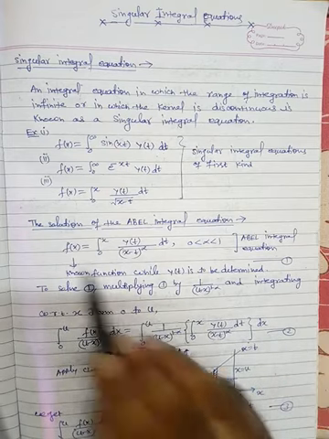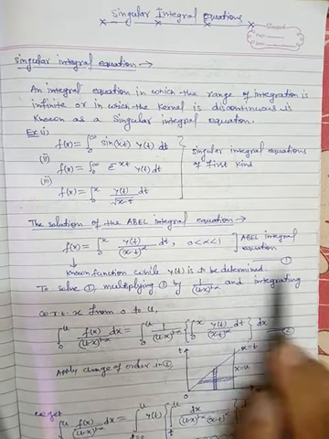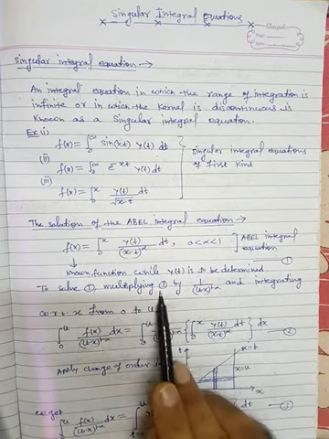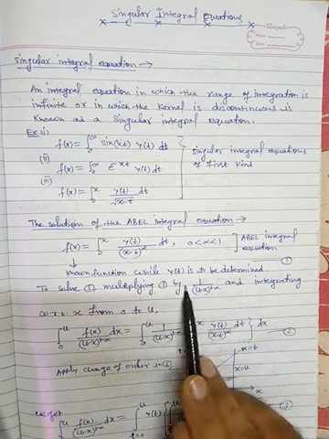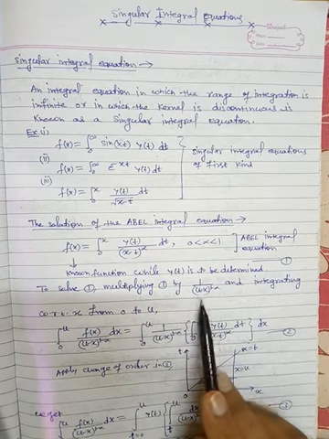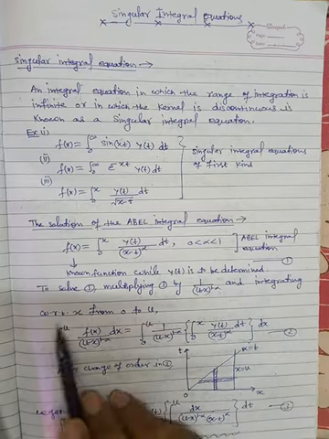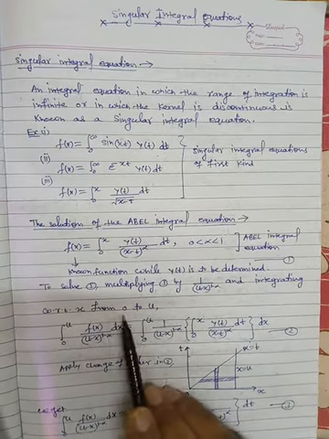To solve, suppose we designate this equation as equation number 1. Now multiply equation 1 by 1 upon (u minus x) raised to the power 1 minus alpha, and then integrate with respect to x from 0 to u.